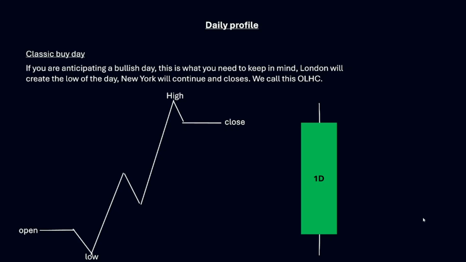In this chart, we'll be using a hand-picked day where there's a clear daily delivery, because there are some daily profiles that make it more complicated to understand. If you understand price delivery correctly, price doesn't create an exact copy.